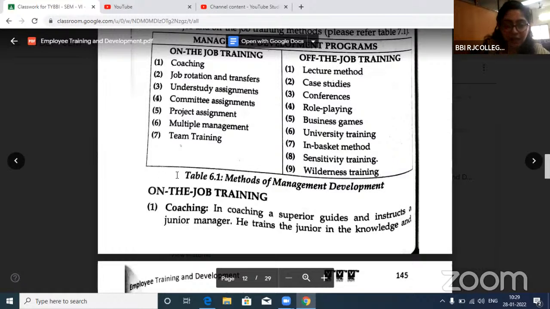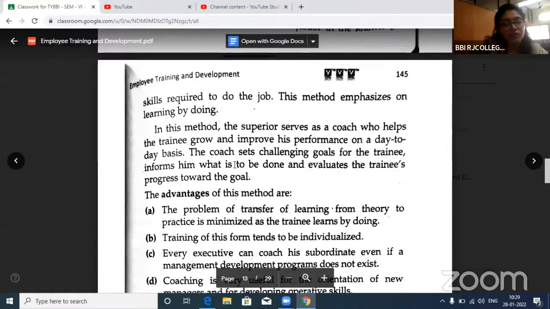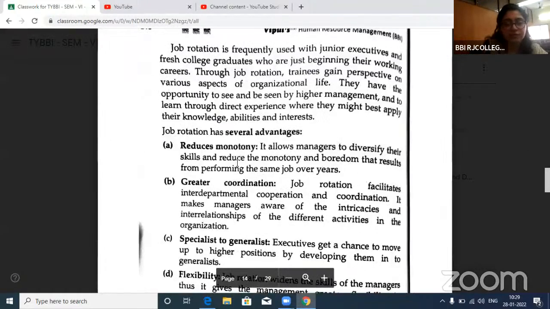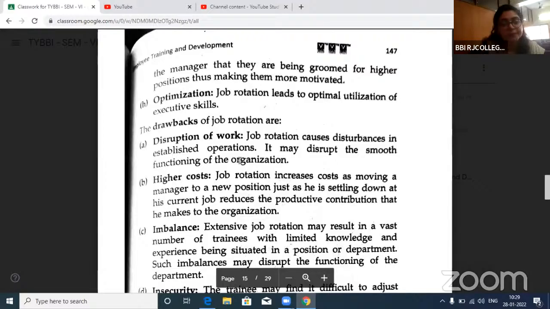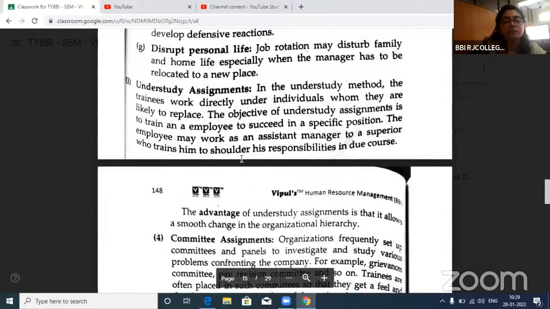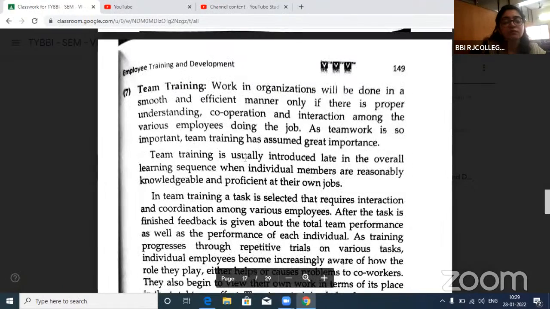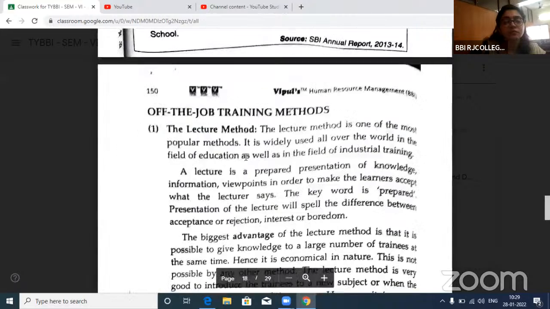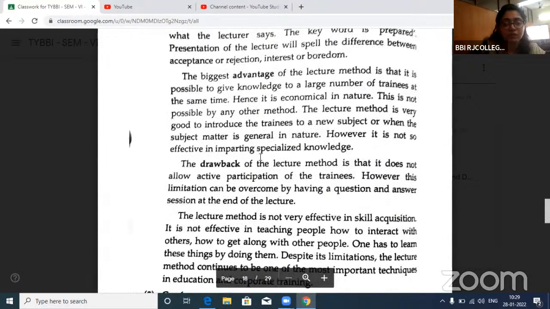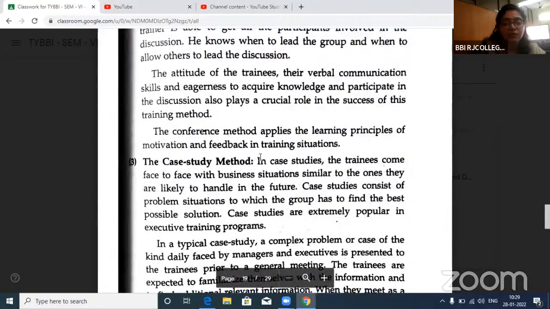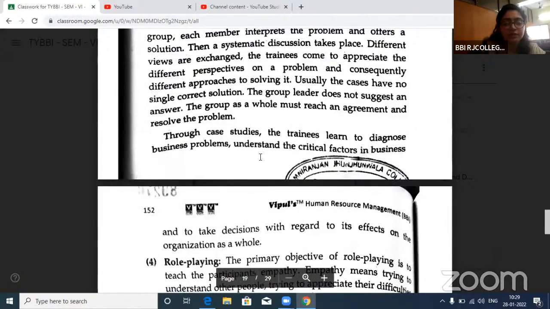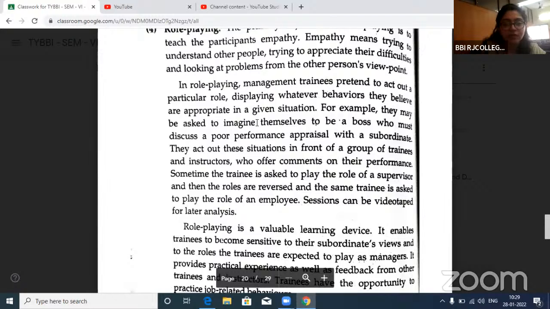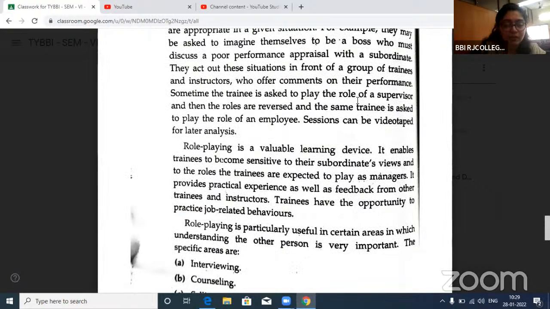So see, if you have any doubt while reading this, you can ask me. These are off-the-job training methods. See, conferences, case study method, role playing. Employees will be given a role to perform. Suppose I'm giving you a role of superior, boss, employer of the company, and I'm giving you one project.